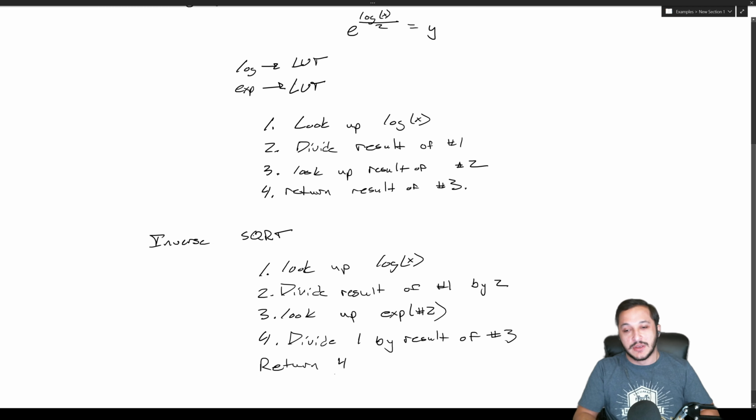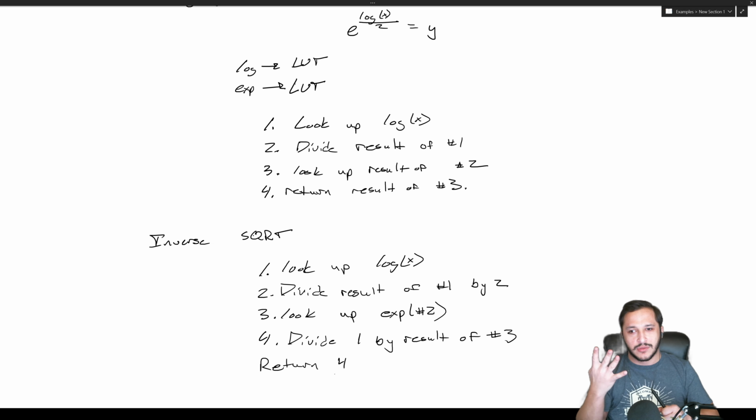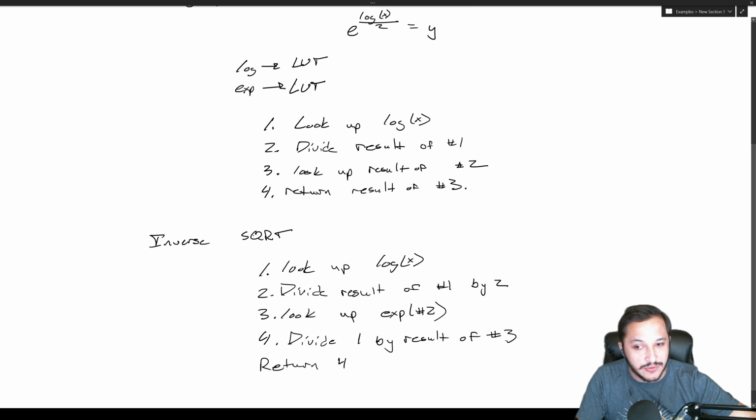So in 4 steps, well, essentially in 5 steps, you've done the inverse square root, and then in 4 steps, you've done the square root using the natural logarithm.